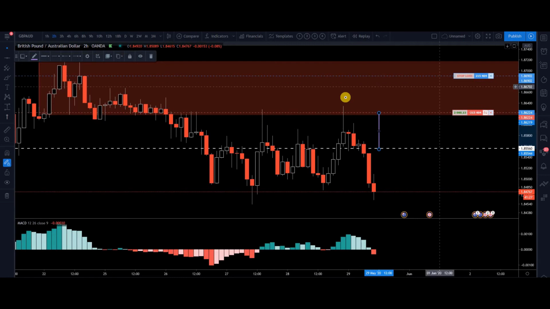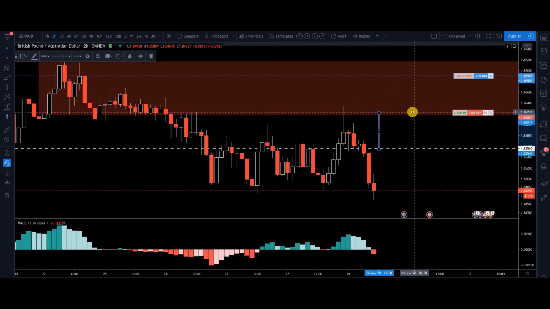I'm going to leave the stop where it is, because that allows price to come back up here if it needs to, have a little bit of wiggle room. If we're lucky, it doesn't take us out and then goes in our direction, that's great. But if it does take us out, normally we would be at break even, but here we're going to have a 1-to-1 because we're at a 2-to-1 at the moment.